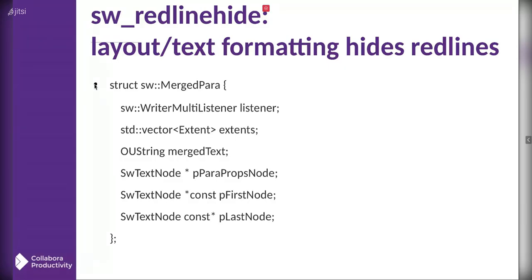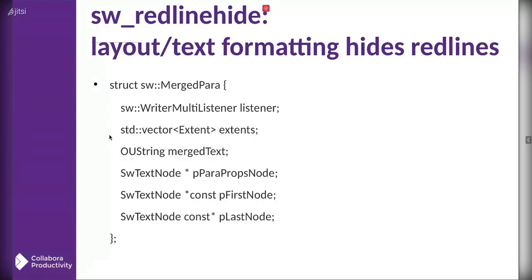In order to do that, we use this data structure here, the merge paragraph. It consists first of a multi-listener, which I will explain on the next slide, and then a vector of extents. Essentially, these are integer indexes into the text nodes, which mark all of the parts of the paragraphs which are visible.